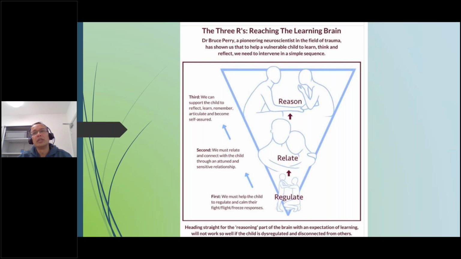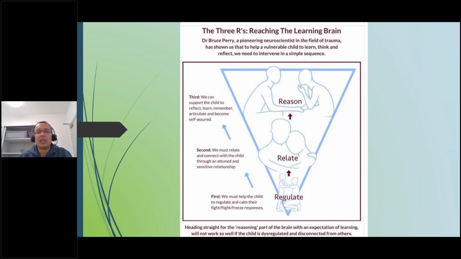By regulation, we mean regulating the brain and the body. So it's a physical regulation. This will calm their flight, fight or freeze response. And then we use our relationship. Being a teacher with a student, through the relationship we can attune to the child or the person, and then they are ready for reasoning.